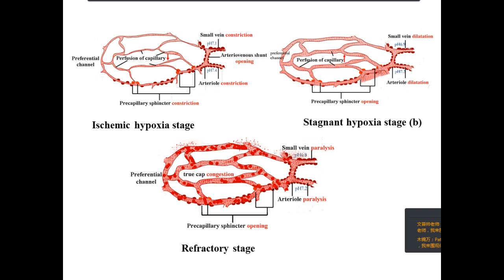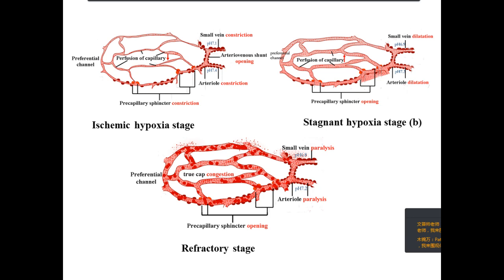First, alteration of microcirculation and tissue perfusion. Second, pathogenesis of disturbance. Third, consequence of shock. The last, manifestation.